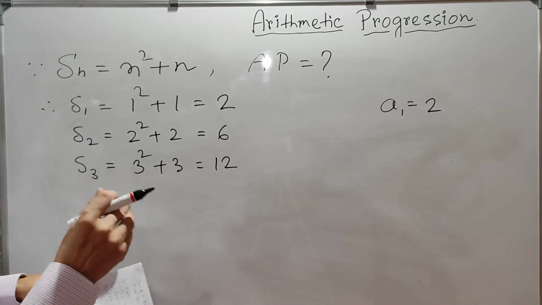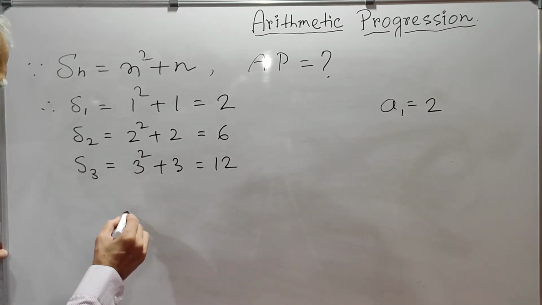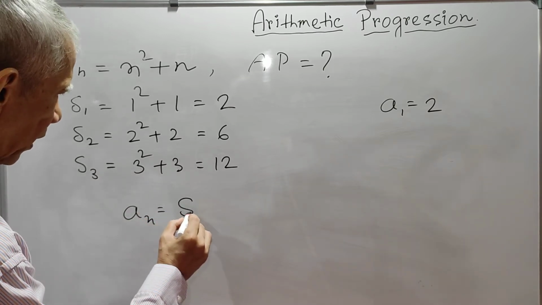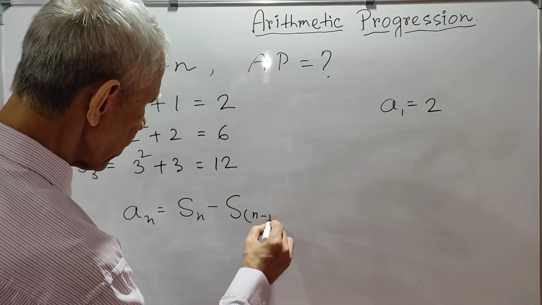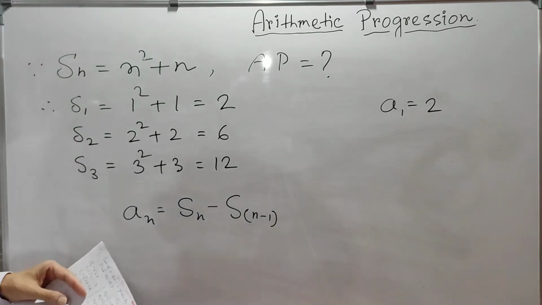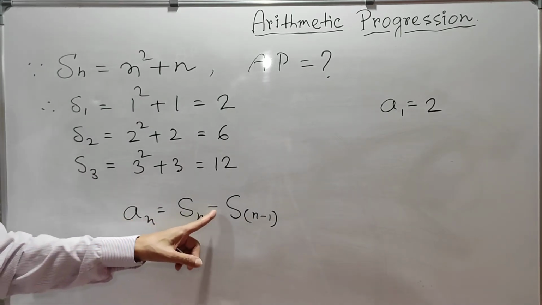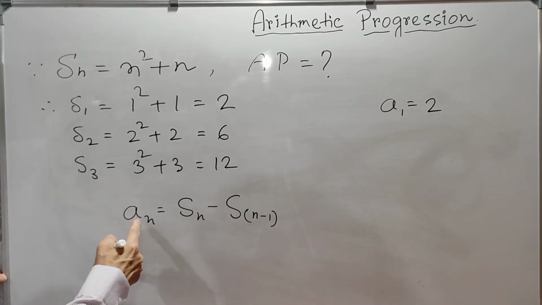Now, here we can use a formula: An equals Sn minus Sn minus 1. So the nth term equals the sum of n terms minus the sum of n minus 1 terms.